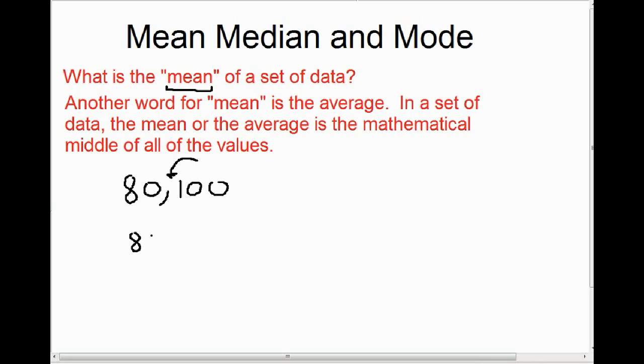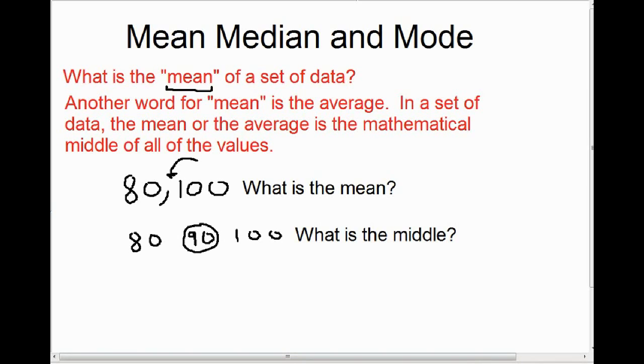And so to get halfway from 80 to 100, the halfway point would be 90. So 90 is considered the mean of 80 and 100. So when you ask yourself the question, what is the mean of a set of numbers, what you're really asking yourself is, what is the middle of those numbers?